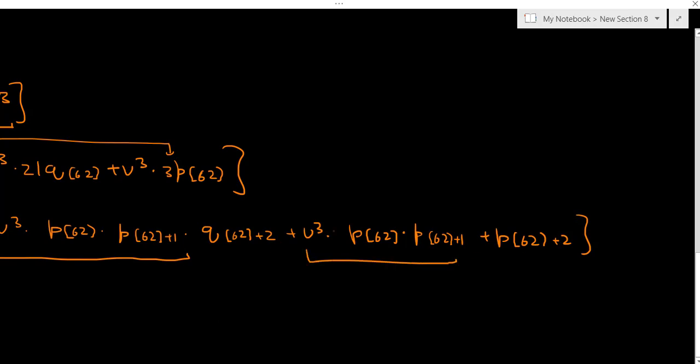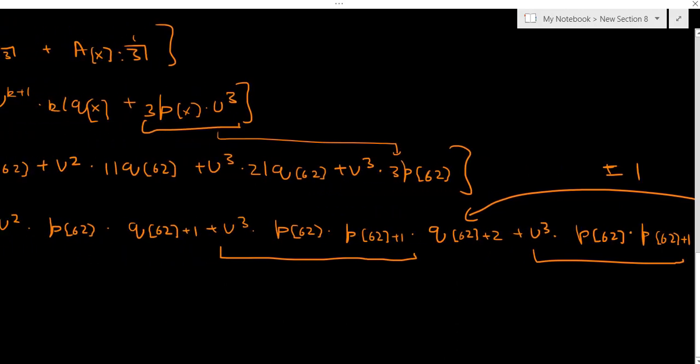Okay, and now if you observe this, these two terms have this factor common, so I can just take it common and add them up. So these two factors, p62 plus 2 and q62 plus 2, will add up to 1. Okay, so I'm directly writing these two as 1, so they just go away.